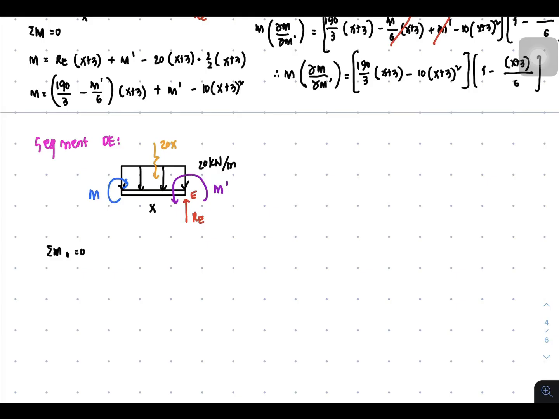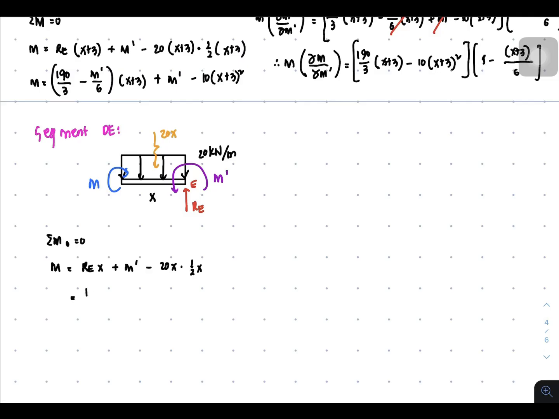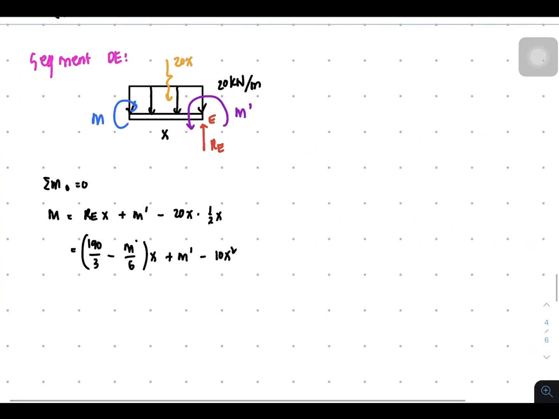The moment equation at the point of cutting is M equal to RE times X, plus M prime minus 20X times 1/2 of X, wherein RE is 190 over 3 minus M prime over 6, times X plus M prime minus 10X squared.